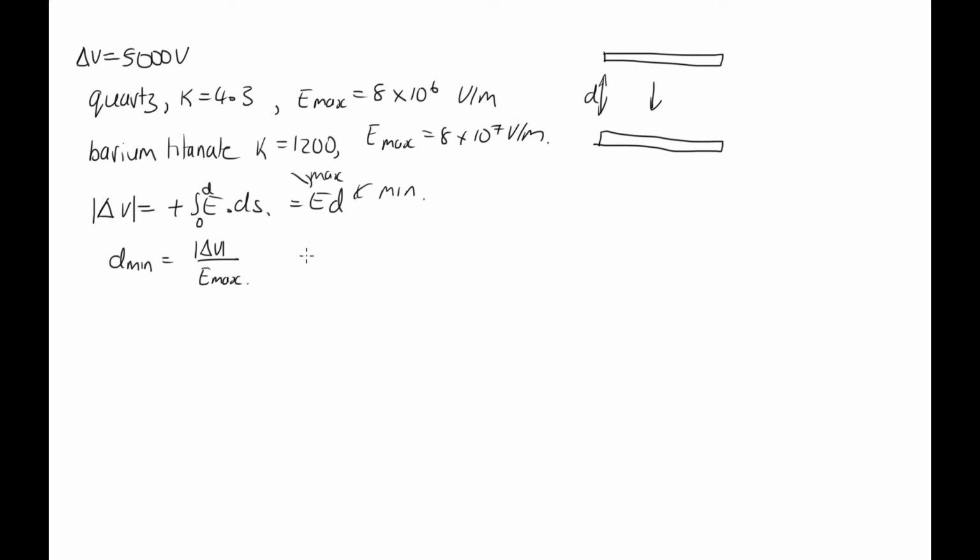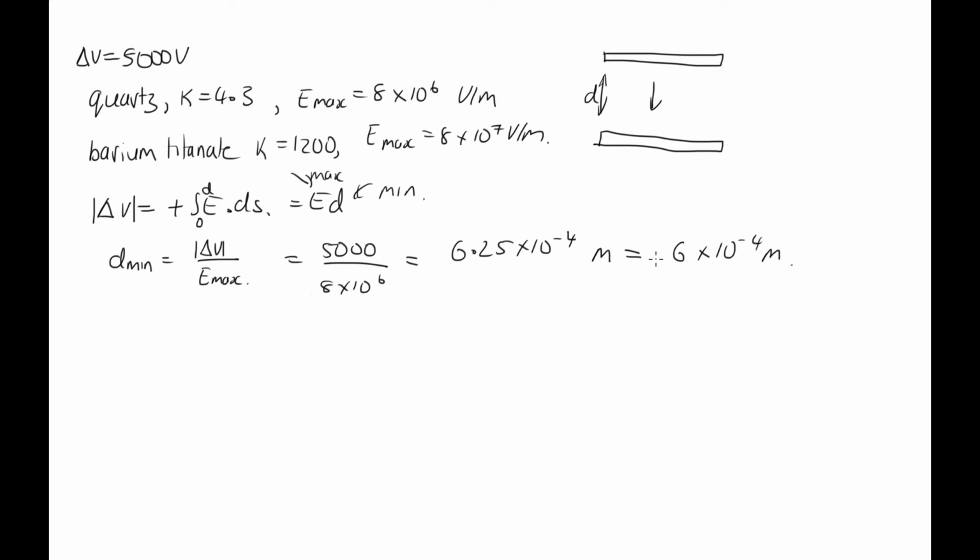And so for quartz, this will be 5,000 divided by 8 times 10 to the 6. And when we solve that, we get 6.25 times 10 to the minus 4 meters. So we should really just give this to one significant figure because we only knew the breakdown threshold to one significant figure. So this is 6 times 10 to the minus 4 meters.